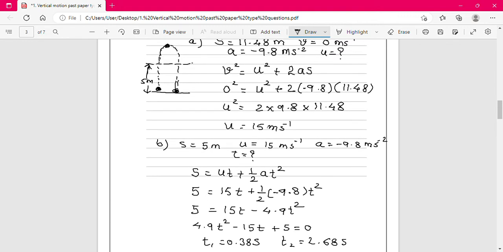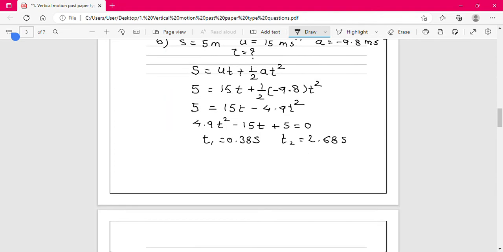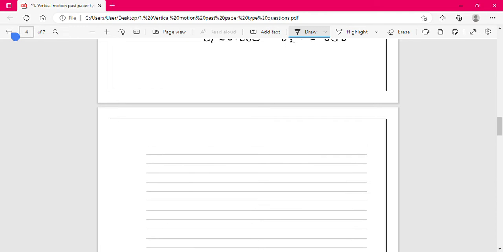How? Because when t is 0.38 seconds, the ball will first cross 5 meters, it will go to maximum height, come back, and at 2.68 seconds, it will again come to the height of 5 meters. We want to find out the total time for which the ball is 5 meters above the ground.